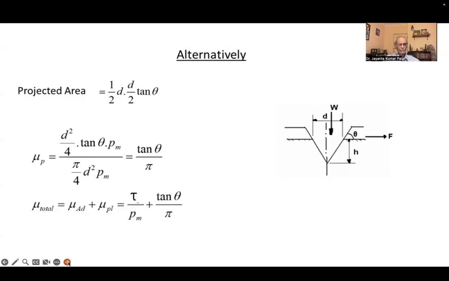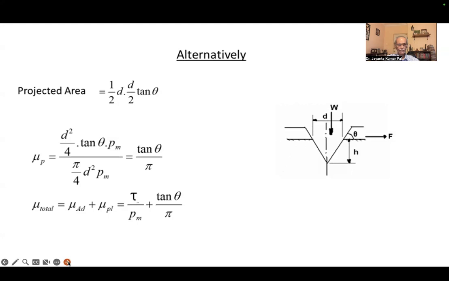So again, the total coefficient of friction is mu adhesive plus mu ploughing, equal to tau by pm plus tan theta by pi. This is a very simple way of representing the two components of friction, which is the basis of friction.